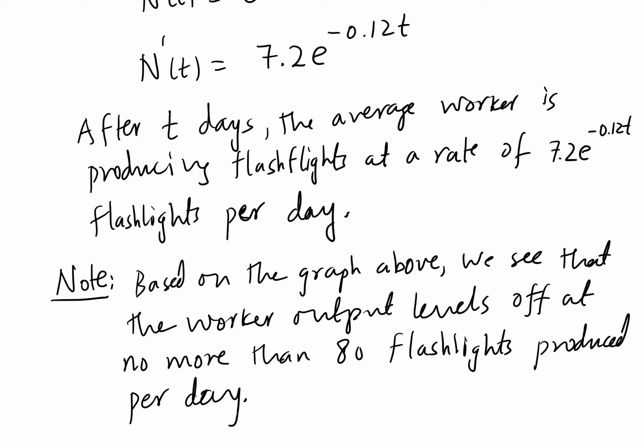They start producing a little bit, and then later on, as they gain more experience, mathematically it shows us that they can produce more and more flashlights, and then it's maximized at, per this example, 80 per day, no more than 80 per day.